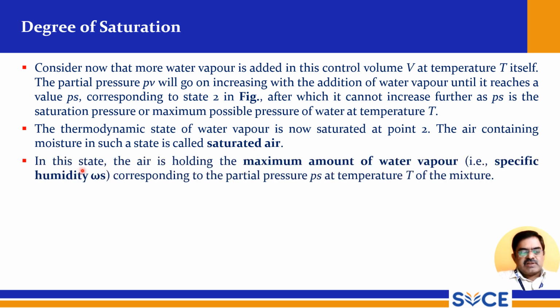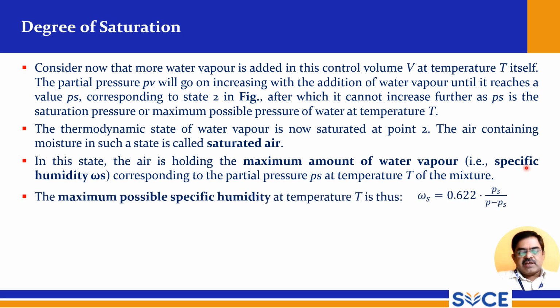In this state, the air is holding the maximum amount of water vapor, in a saturated state, with specific humidity omega s corresponding to the partial pressure Ps at temperature T of the mixture.